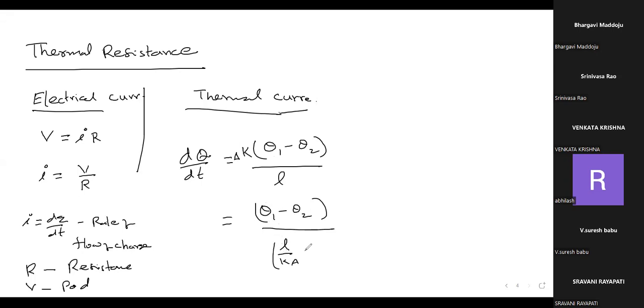So this is very important: thermal resistance is very important. Now here, you can observe the analogy. Analogy means similarities. For I, the current, in heat transmission we write dq by dt, a rate, instead of I. V, the potential difference, we take as theta 1 minus theta 2.